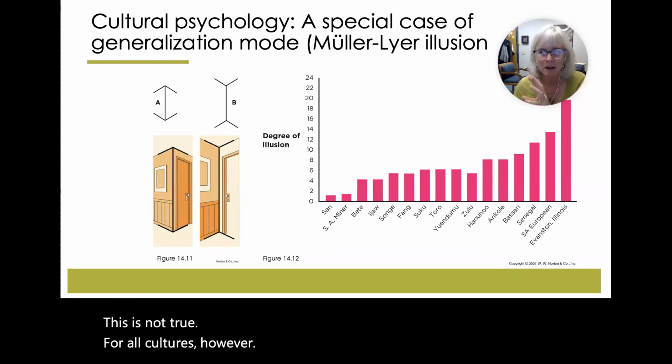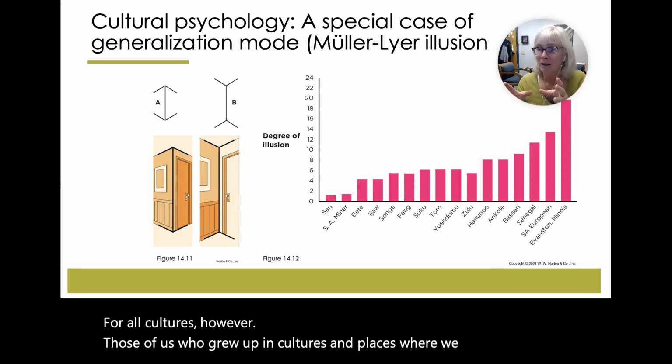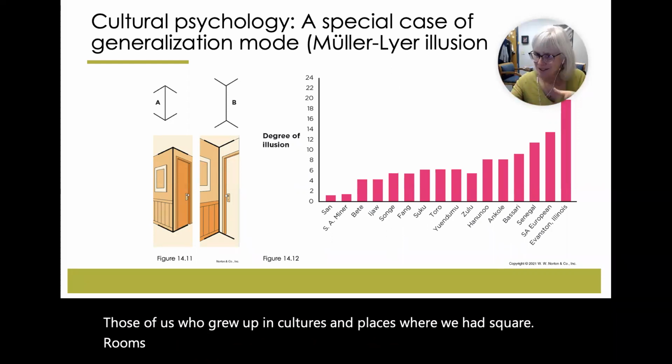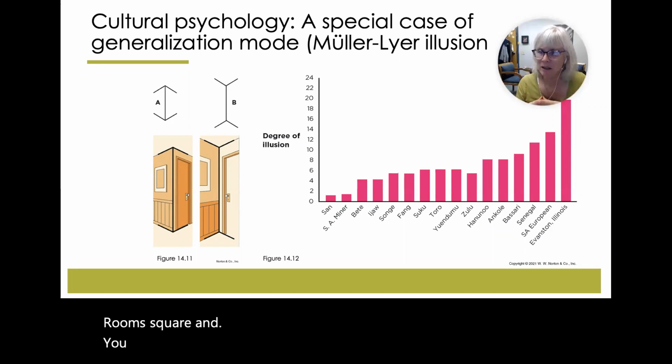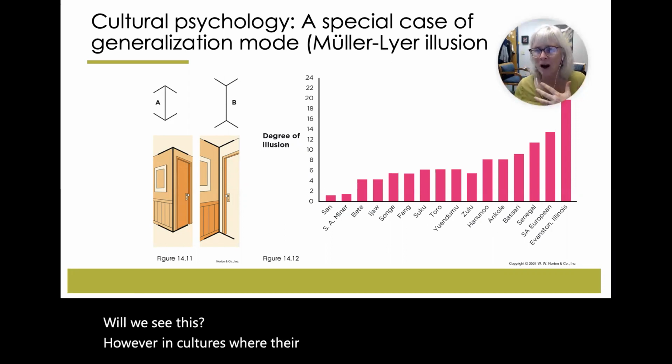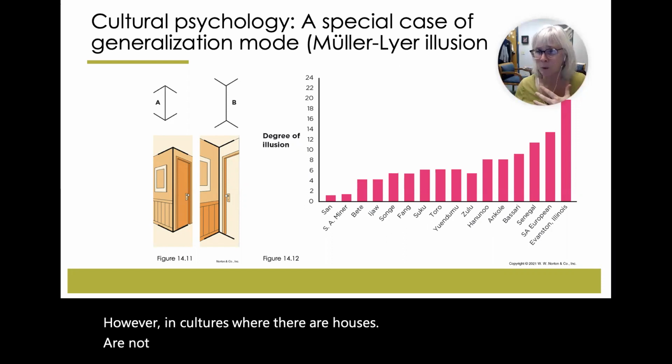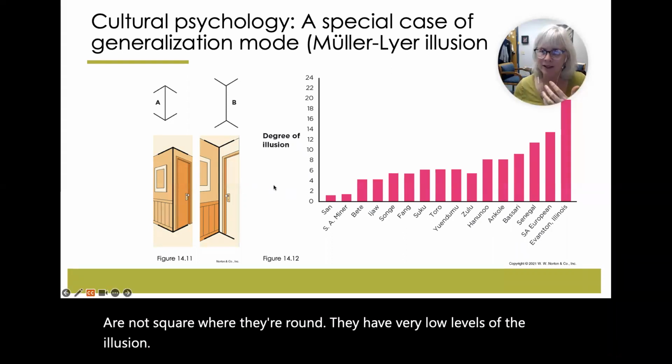Those of us who grew up in cultures and places where we had square rooms, square houses, we see this. However, in cultures where their houses are not square, where they're round, they have very low levels of the illusion. Again, supporting this.